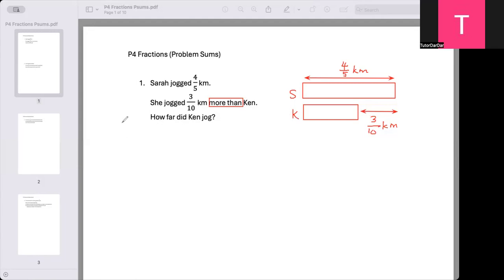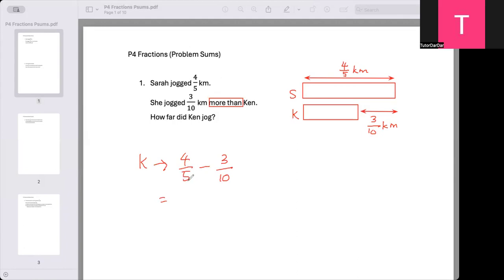Okay, so now the question is, how far did Ken jog? What do we do? Ken is smaller, Sarah is bigger. And we know the value of Sarah and we know the difference. So what do we do? Ken will be 4/5, this is Sarah, minus 3/10. Now look at the denominator. This is 5, this is 10.